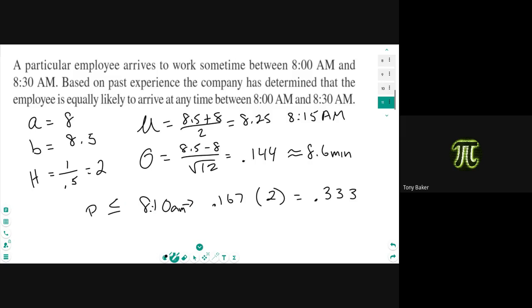All right, last one. Can you find me the probability that the employee will arrive at exactly 8:10? Nope. Based on what we've done, can you find the probability of an exact time?